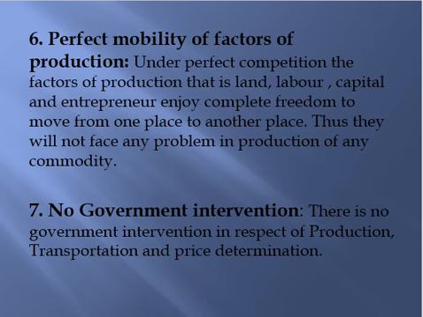When it comes to perfect competition, we talk about perfect mobility in terms of factors of production. Now, what are the factors of production over here? In economics, they are land, labor, capital, and entrepreneur, right? So all these factors of production, that is land, we all know that it cannot move from one place to another.